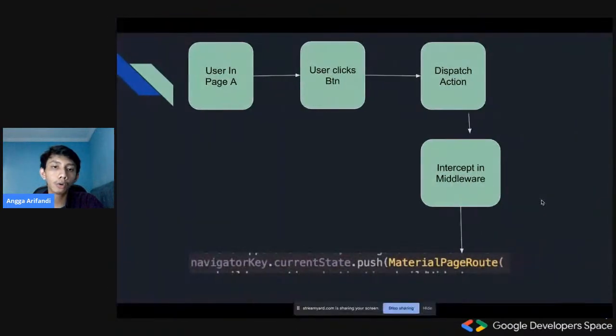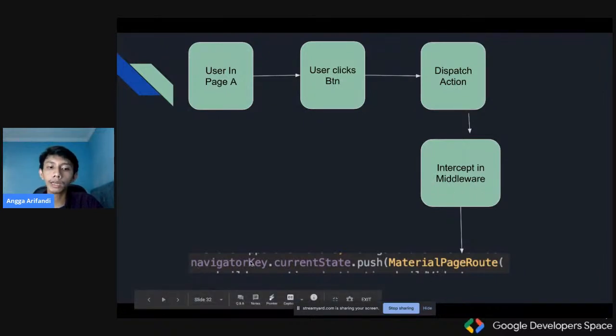So basically all we do is whenever a user clicks a button, we would just dispatch one action and one action only. That is the entry point action, we could say. And then that entry point action could be intercepted in the middleware. And then when the action is intercepted in the middleware, we could just call this code.